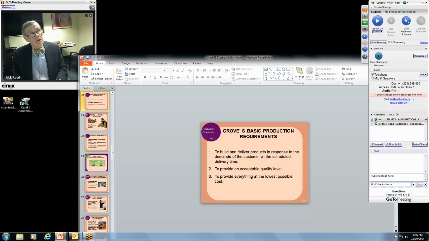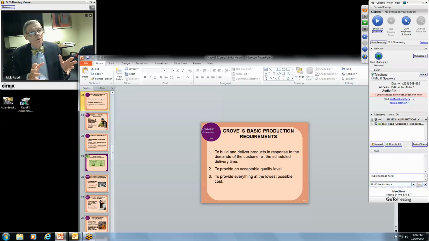Andrew Grove was a very unique individual because not only was he a good chief executive officer, he was technically competent. So he could go down to the research and development department and talk to those people in their own language. He understood, and they knew that he understood. So notice what he says here.